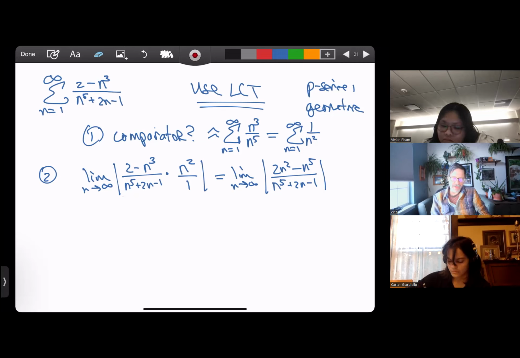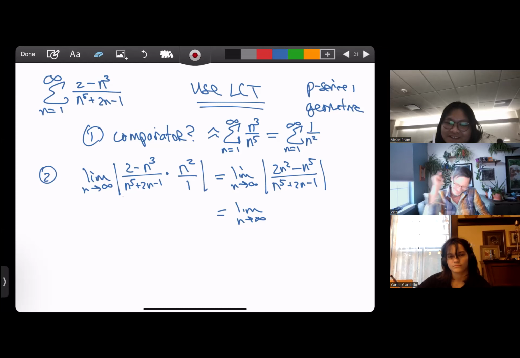And once we get that, then this limit, we've been seeing these polynomial limits all the time, right? What's the limit going to be on this? Negative 1. Yes, actually 1, because there's an absolute value there. Good job. You caught it.